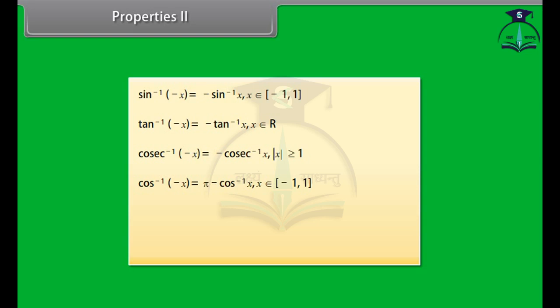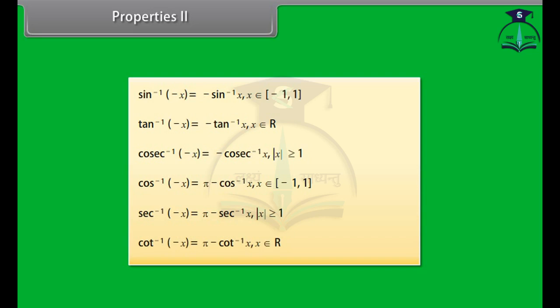Cos inverse of minus x is equal to pi minus cos inverse x, where x belongs to minus 1, 1. Sec inverse of minus x is equal to pi minus sec inverse x, where modulus of x is greater than or equal to 1. Cot inverse of minus x is equal to pi minus cot inverse x.